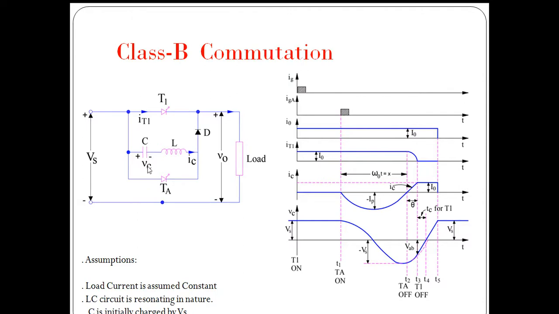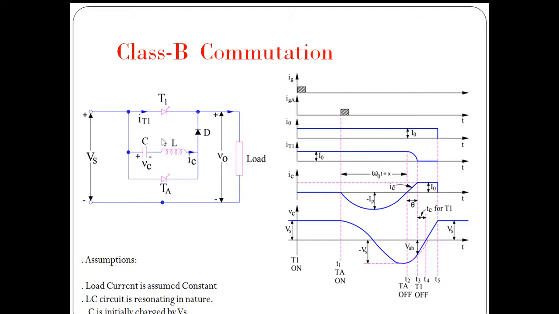Whenever the current is flowing in this closed path, the capacitor current also will be flowing. As the capacitor is fully charged, capacitor current also flows in this closed path, and the polarity of the capacitor reverses, and the stored energy across the capacitor will appear in reverse direction across main thyristor T1.